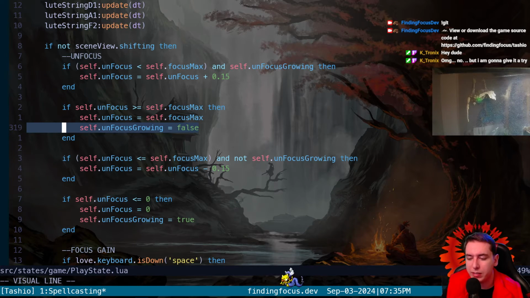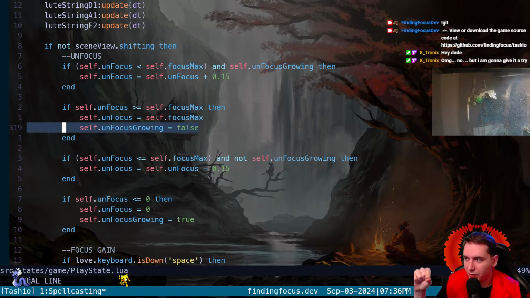So unfocus is, it's hard to explain, but if you exert a constant amount of effort, the output is variable. Let's say you're exerting a certain amount of effort by holding space and it's constant. The speed at which the result of your focus changes is variable. So that's the unfocus.